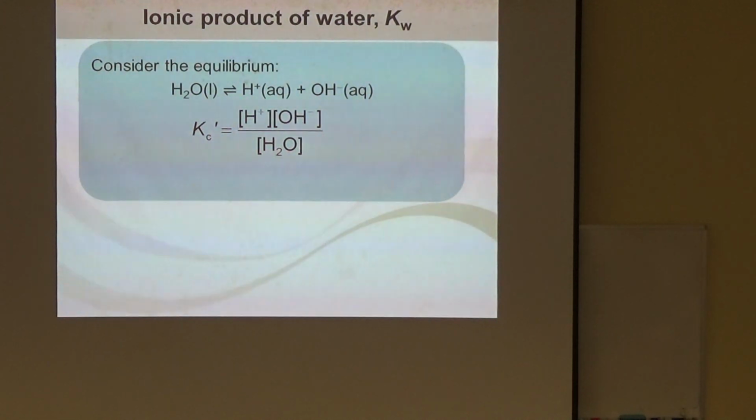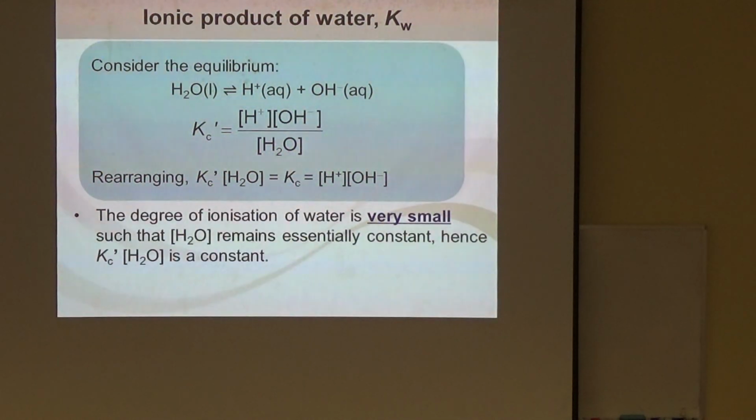Okay, so let's look at what we call the ionic product of water, Kw. If you have an equilibrium, water to give you H plus plus OH minus, you can get Kc. When you rearrange, you can get Kc prime times concentration of water equals Kc times H plus times OH minus.